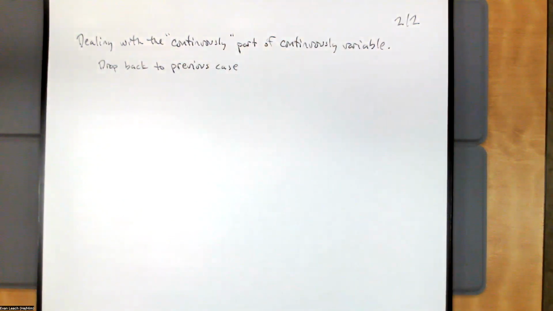Incidentally, dropping back to the previous case that we already know, this is what we always do in math. We look at our new problem and say, how is this new problem like an old problem? And we just make it an old problem. And that's what we're going to be doing here.